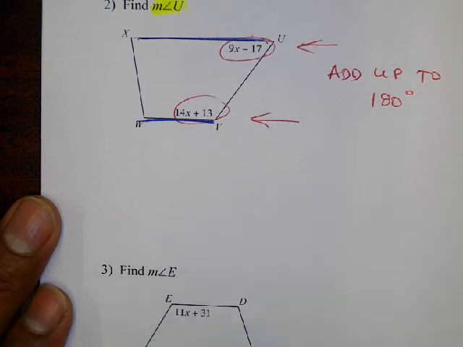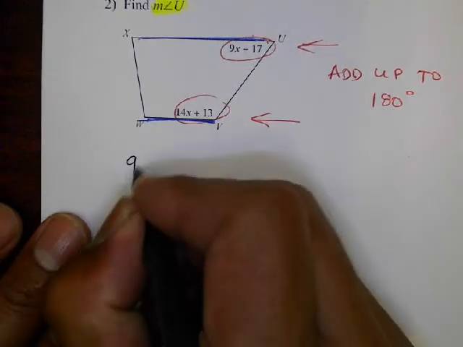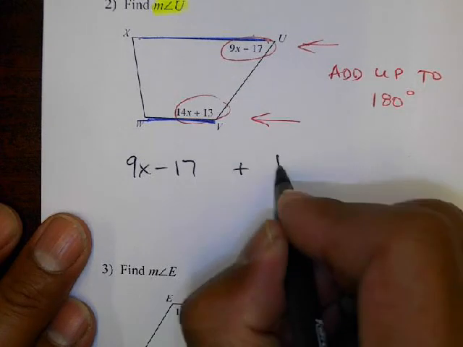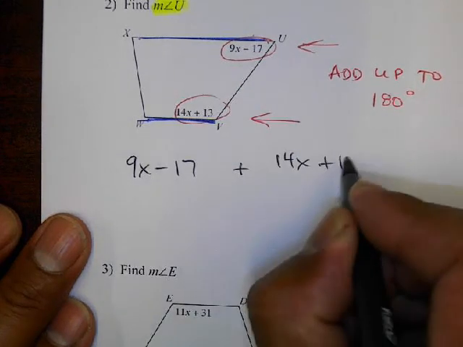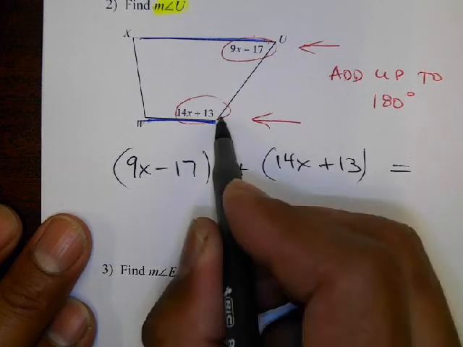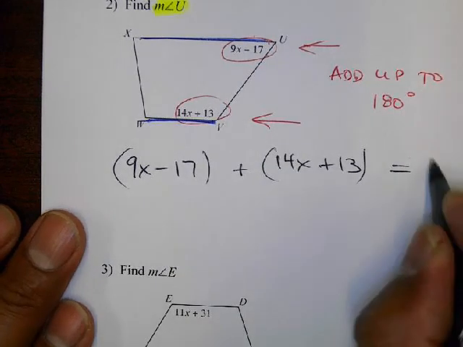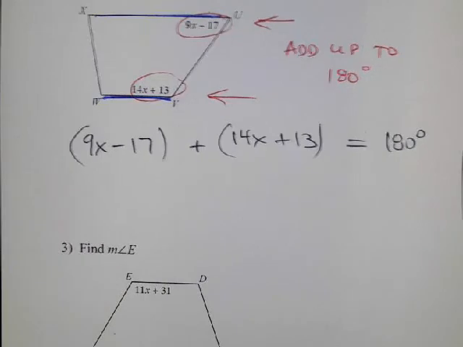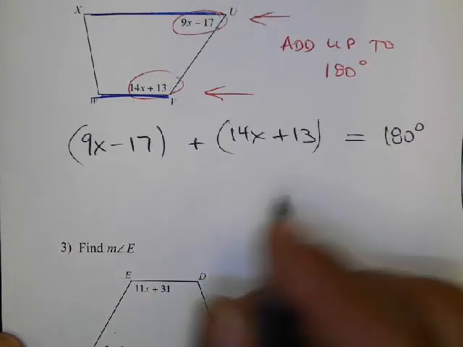So you make an equation out of this. This expression plus this equals or adds up to 180. 9x minus 17 plus the 14x plus 13 equals 180.